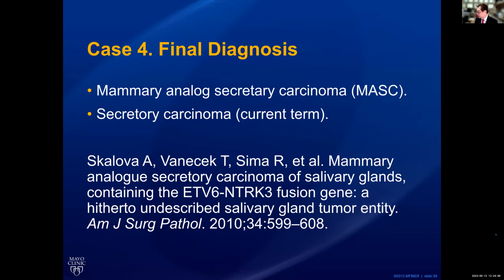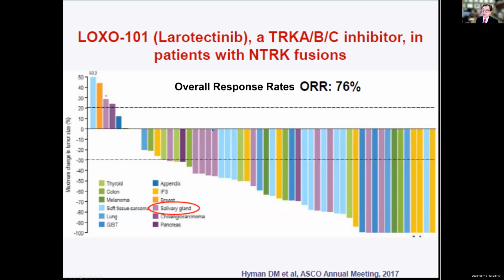And that's her. During the last USCAP meeting, we had a nice picture, and she is very smart, of course, and a very nice lady. As we commented, Loxo is a company that is now merged, I think, with Lilly. One of its major products targets NTRK, and this particular medication functions like that. 76% of NTRK mutation tumors will respond.